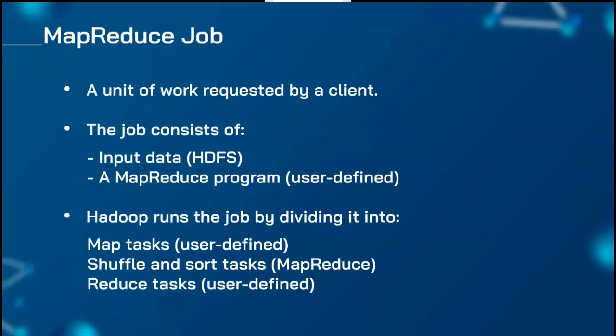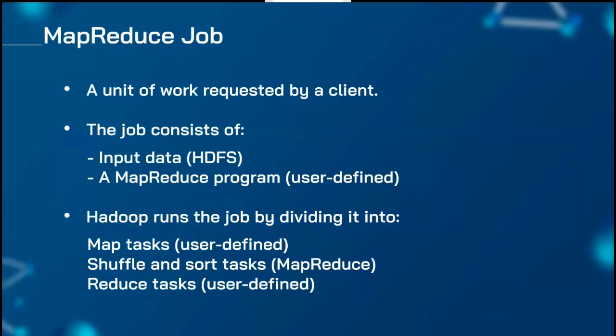They are parallel in nature, so it is very useful for performing large-scale data analysis using multiple machines in the cluster. Therefore, it improves the speed and reliability of the cluster. It's this parallel processing.